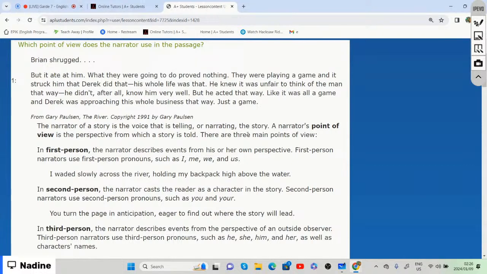All right, so if we look at the passage, we need to say which point of view the narrator uses. Is it first person, second person, or third person? Remember, first person is the narrator's own perspective.